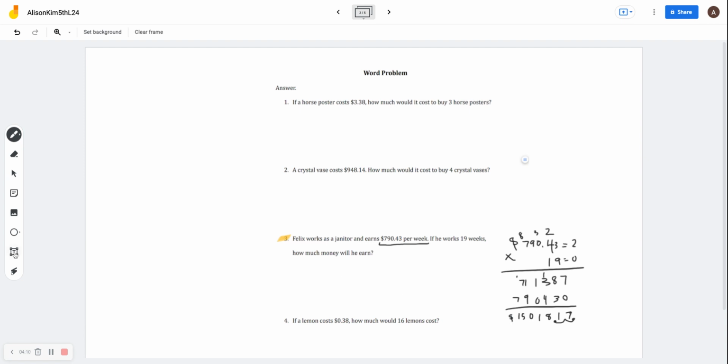So our answer for this question should be $15,018.17. It's important that you, once again, label this with dollars because we're dealing with dollars and this is a word problem, and units are extremely important for word problems.